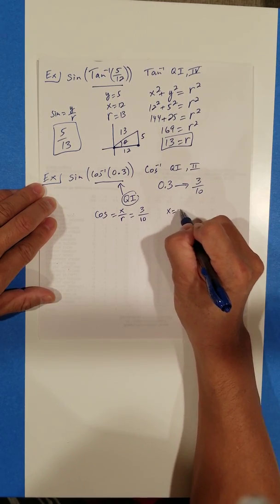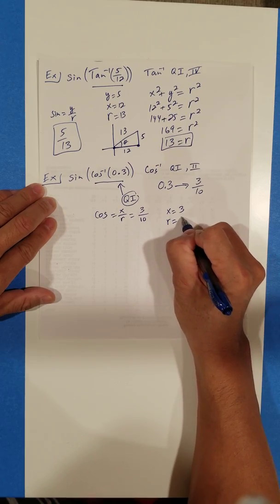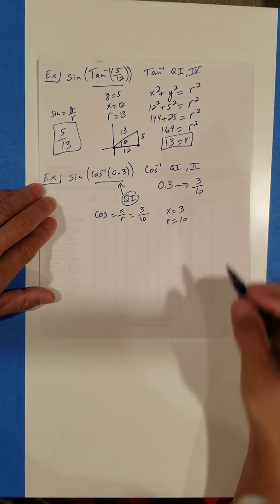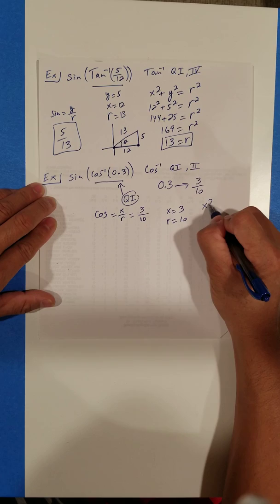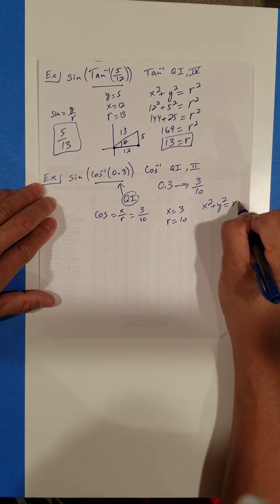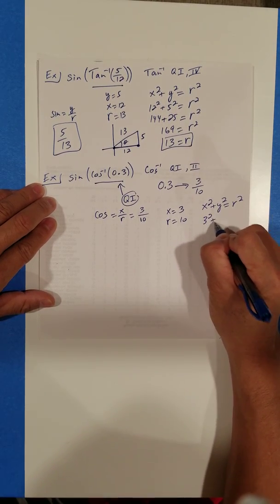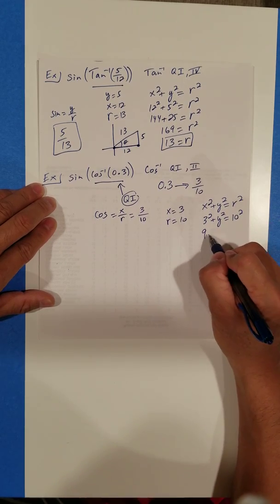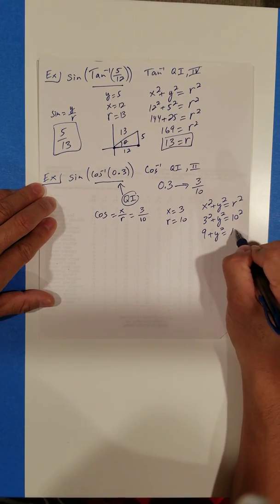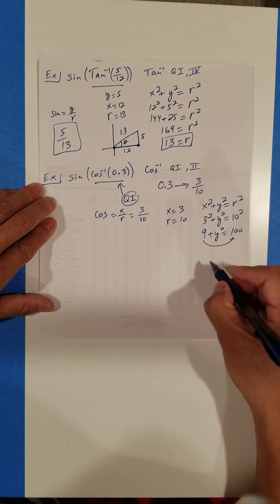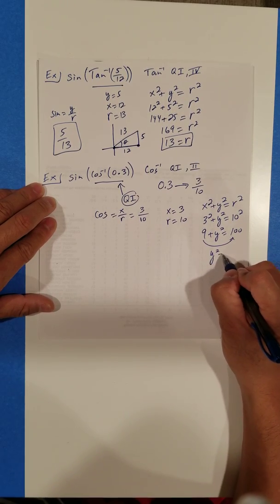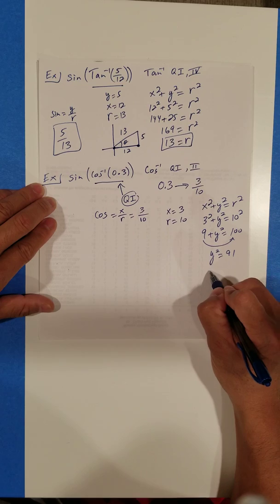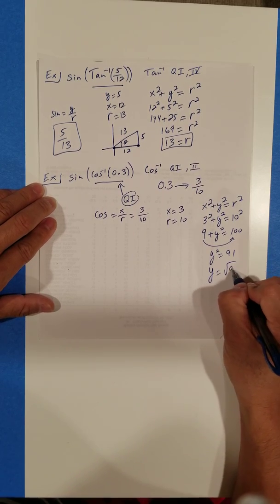Pythagorean theorem time. X squared plus y squared equals r squared. 3 squared plus y squared equals 10 squared. 9 plus y squared equals 100. Bring the 9 over. Y squared equals 91. Y equals square root 91.